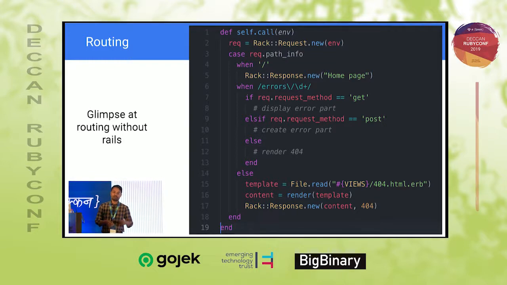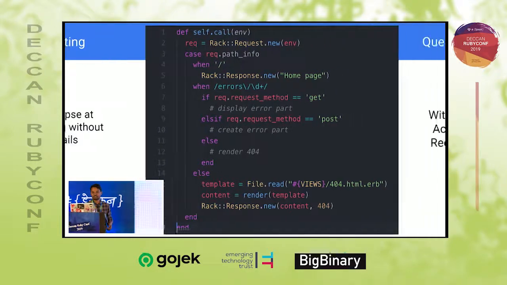Even supporting REST-style actions for a single route is more challenging. As you can see at lines 7 to 12, a single route is matched with the help of regular expressions, and the later matching of the methods is done using other if-else code. So this kind of routing is needed if you are using Rack. That is one of the challenges we faced.